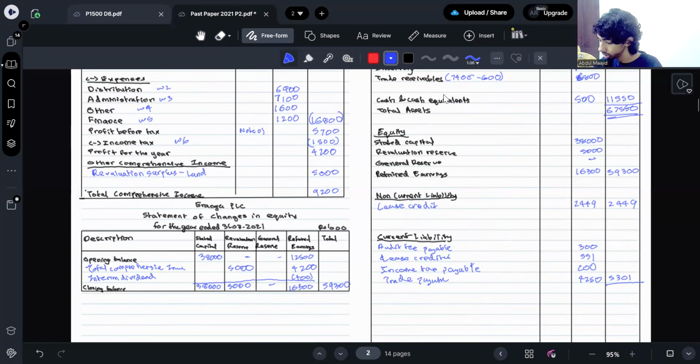Okay, so if you add it with your total equity and the non-current liability, 69,300, so 38,000 plus 5,000.